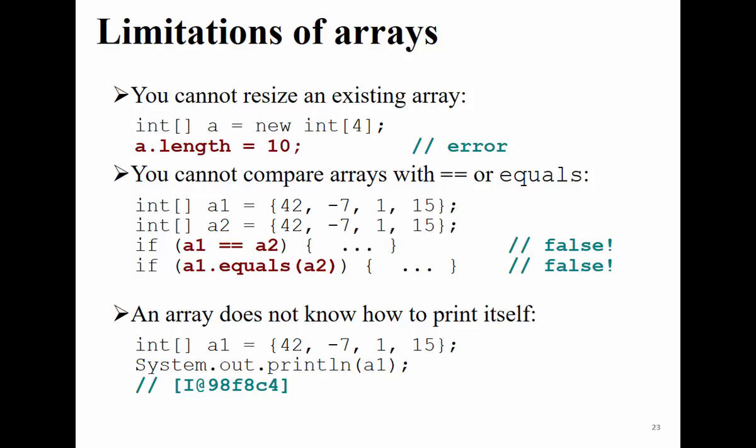Yes, because Java will understand. In the first one, I just create an array of 4 elements, 4 spaces in the memory, but I didn't give the value. In the second example, I put the curly brackets and give the values. The compiler will understand I need 4 spaces, and these are the values inside these 4 spaces. It's another way to initialize and create an array.